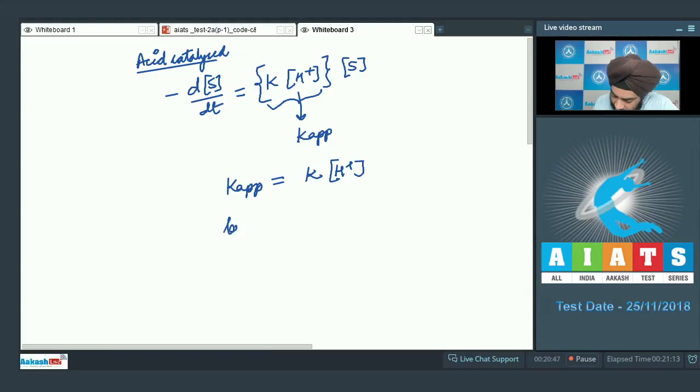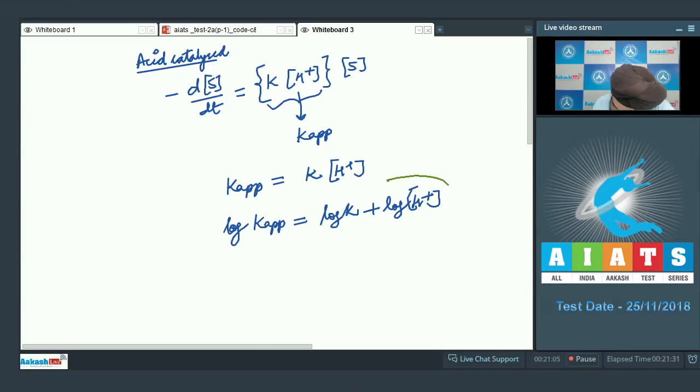So if we take log both sides, we have log of K apparent equal to log K plus log of H plus ion concentration. Now students, the examiner is interested in the pH value. So the log H plus value can be written as minus of pH. So this expression will simplify to log K apparent equal to log K minus pH.